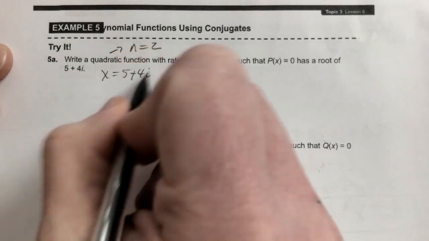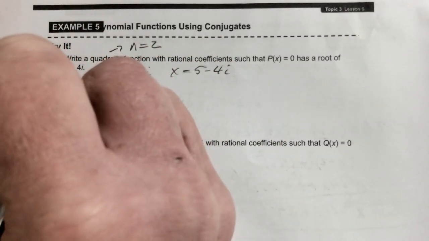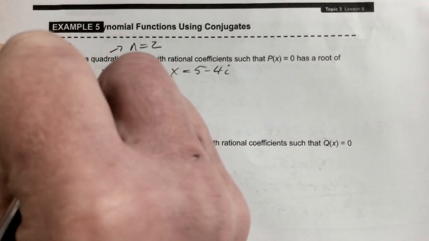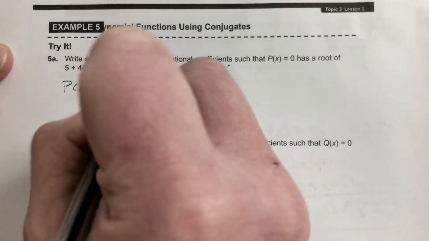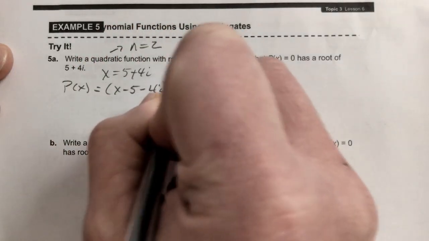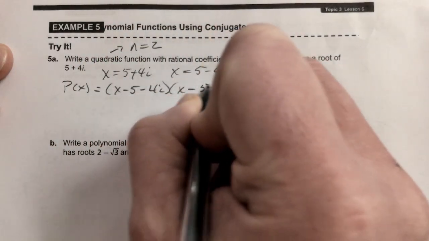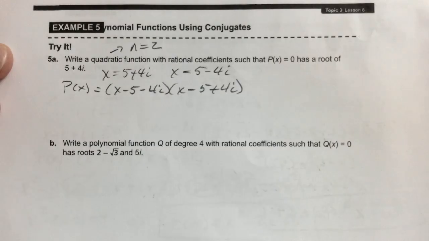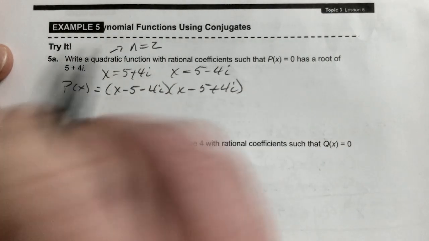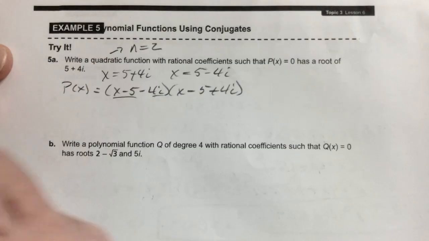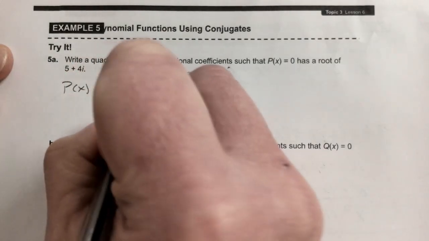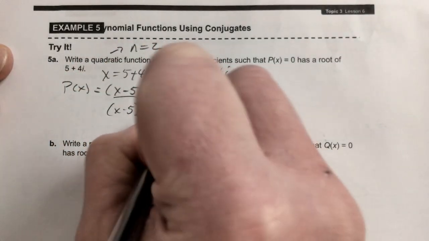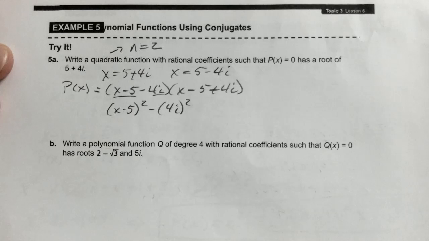So subtract that. We're going to get p of x equals x minus 5 minus 4i times x minus 5 plus 4i. Yeah, I'm going quick. Now I can speed run this. x minus 5 and 4i. So we get x minus 5 squared minus 4i squared.